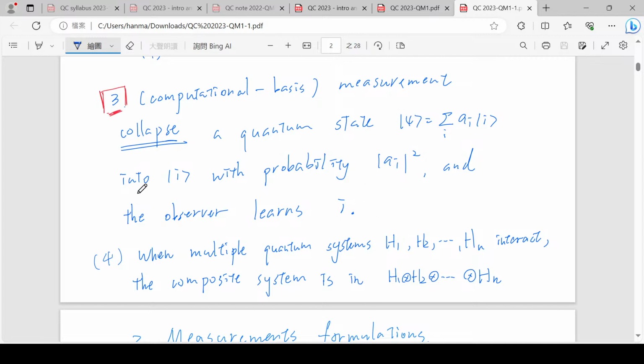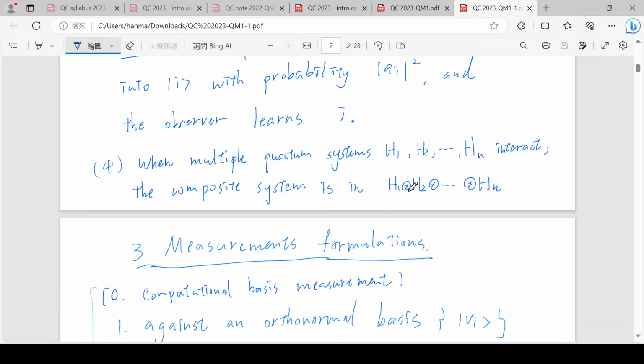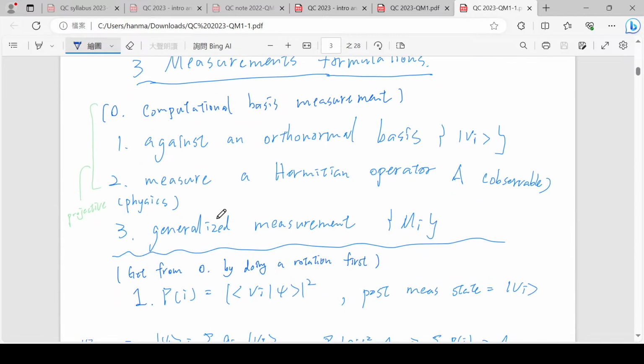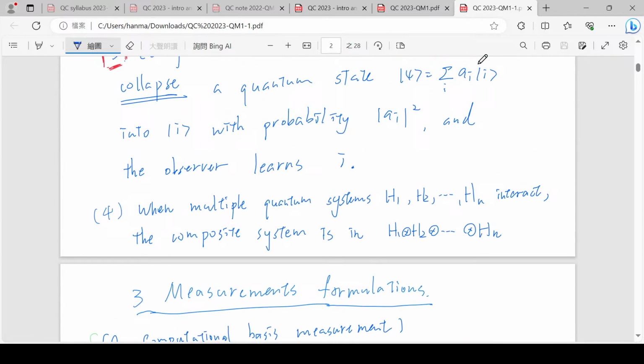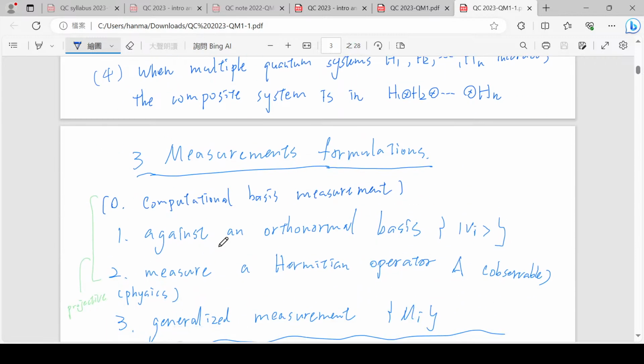Also, when you have multiple systems, you take the tensor product of all their Hilbert spaces together. And there are 3 different types of measurement people will talk about, actually 4. The first one is the computational basis measurement we just described. The second one is that you can rotate to change your basis, so you can measure against any orthonormal basis, and you just replace a_i with the coefficient in your orthonormal basis.